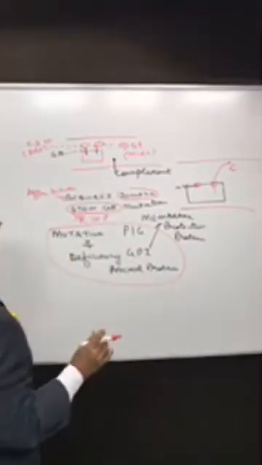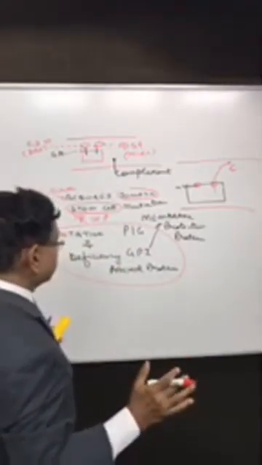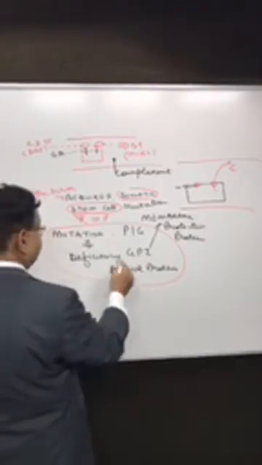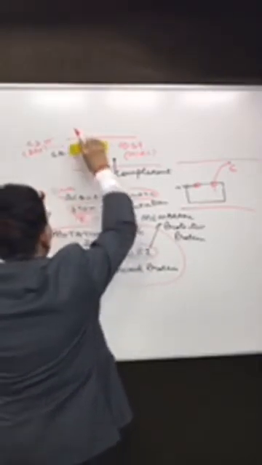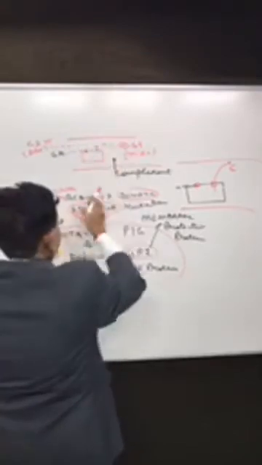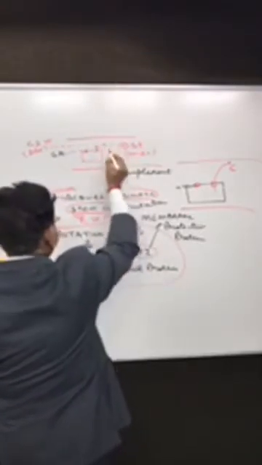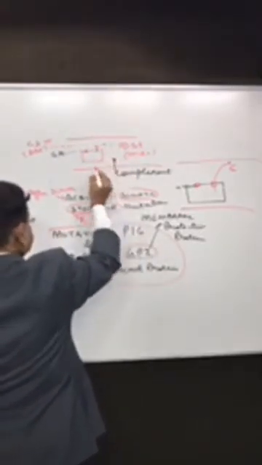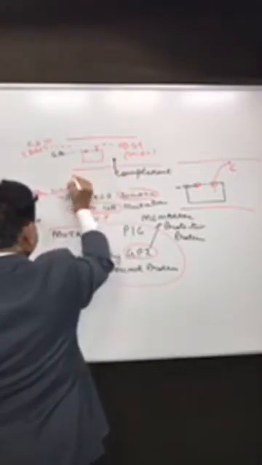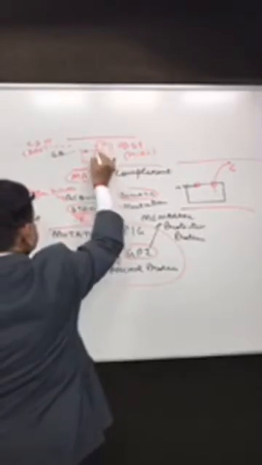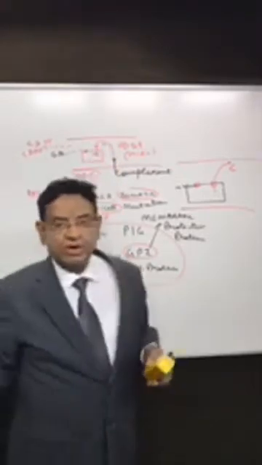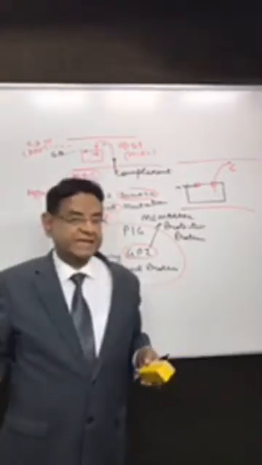So now what happens? As I told you, in PNH there is deficiency of GPI. The GPI is not there, so CD55 and CD59 are deficient. Now this complement comes and activates the membrane attack complex, and that leads to destruction of all three cell lineages.